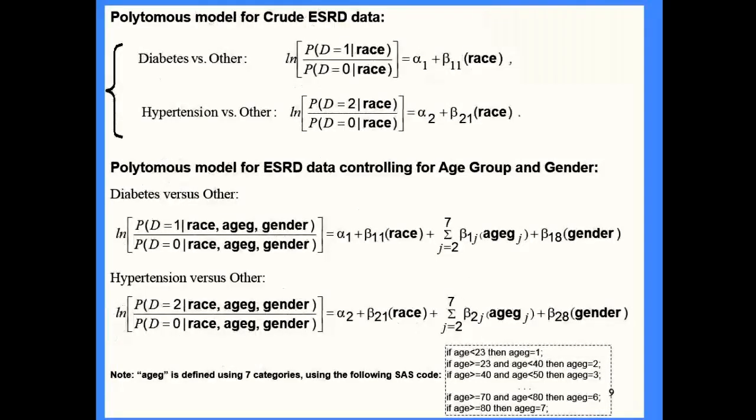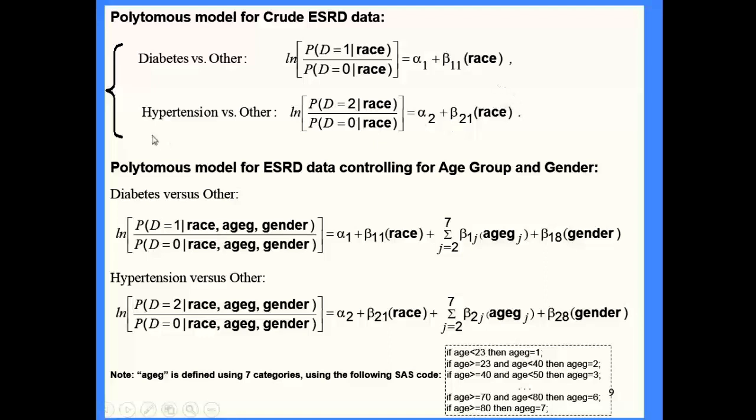There's a way to write it in a single way, but it really has two components. One relates to diabetes versus other, and the other to hypertension versus other. This says the log of this ratio of two probabilities is a linear function of race, and the log of the other ratio, where the numerator probability is different, is also alpha plus beta times race.